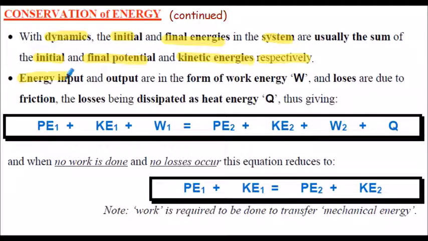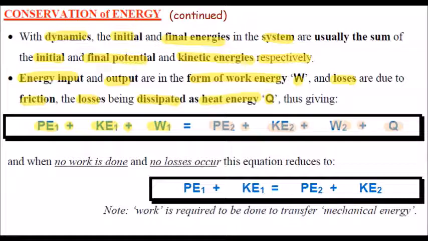Energy input and output are of the form of work energy, W. Losses due to friction and losses dissipated as heat energy are sometimes denoted by the symbol Q. So the all-encompassing equation we could use states that we have initial potential energy in our system added to initial kinetic energy in our system added to any work in the system, and that can equal the final potential energy of our system added to the final kinetic energy in our system added to any work taken out of the system added to any heat losses.